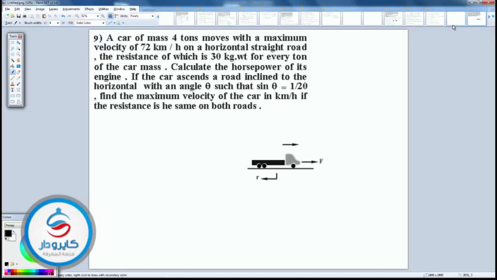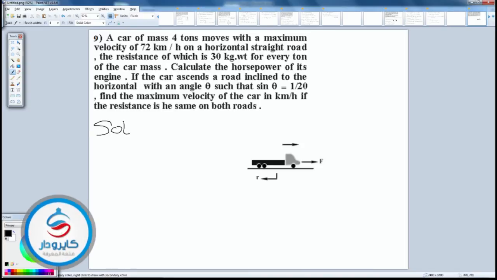Calculate the horsepower of its engine. If the car ascends a road inclined to the horizontal with an angle theta, such that sin theta equals 1/20, find the maximum velocity of the car in km per hour if the resistance is the same on both roads.